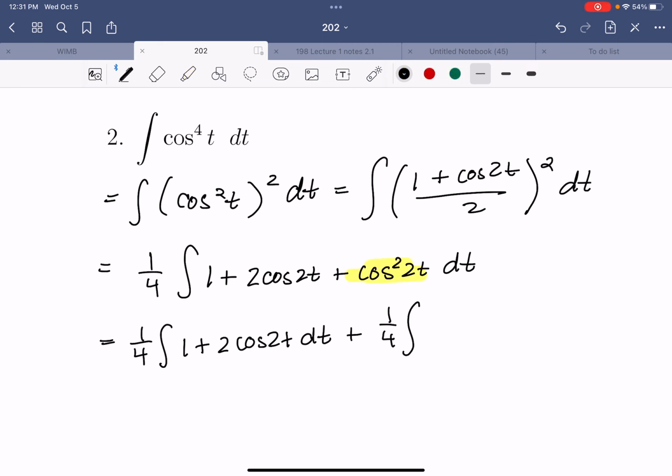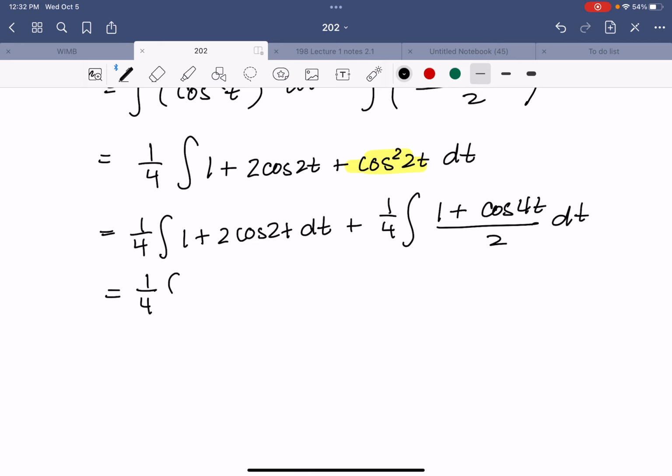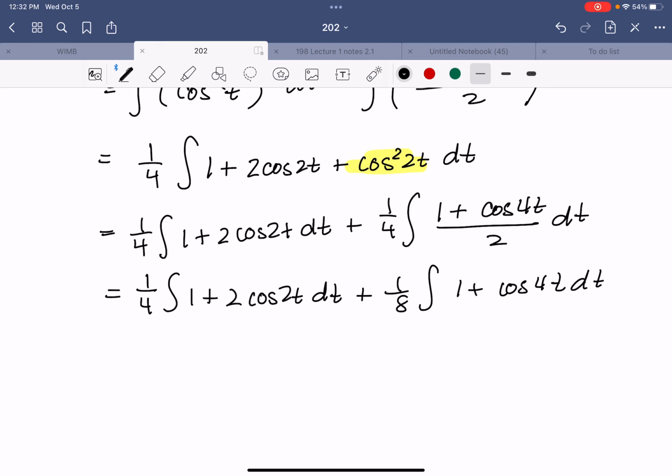In order to use my double angle formula, I'm going to double the 2t to a 4t, and that's going to give me 1 plus cosine of 4t over 2 dt. And that gives me the 1/4 integral of 1 plus 2 cosine 2t dt plus 1/8 integral of 1 plus cosine 4t dt. And now I know my antiderivatives.